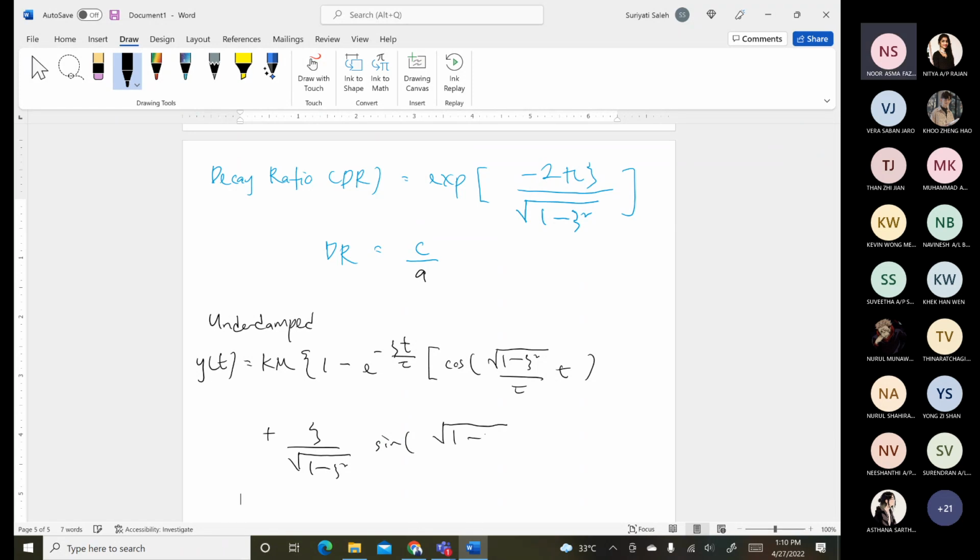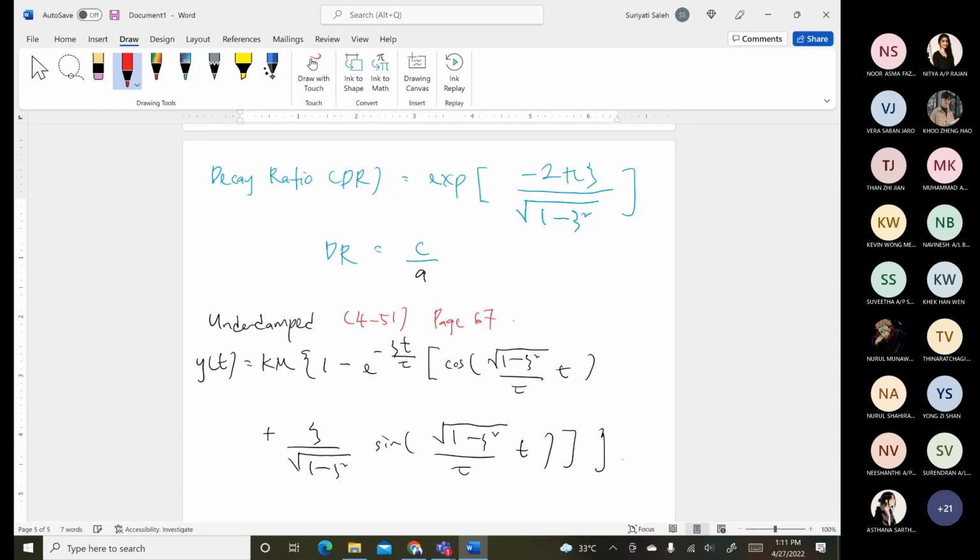So here it involves the sine and cosine. That's why it's a little bit long equation. So this equation, you can refer to equation number 4.51, page 67 in the third edition textbook.